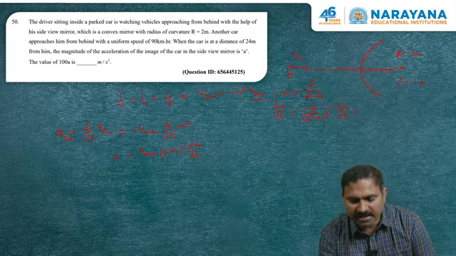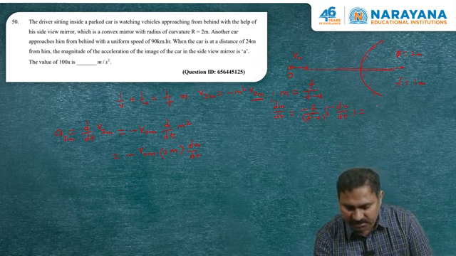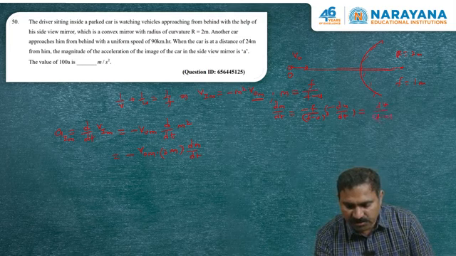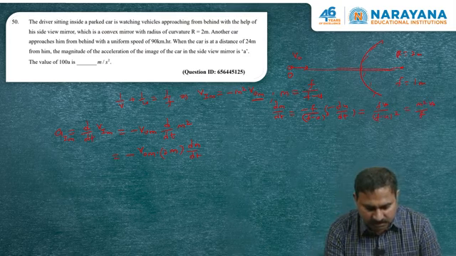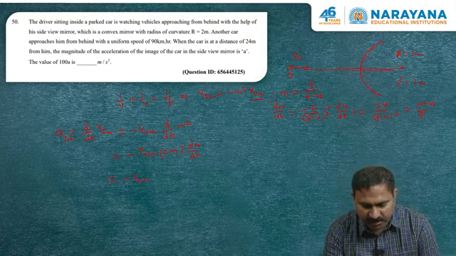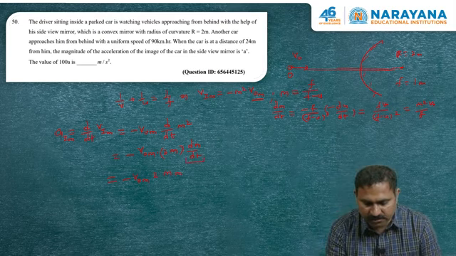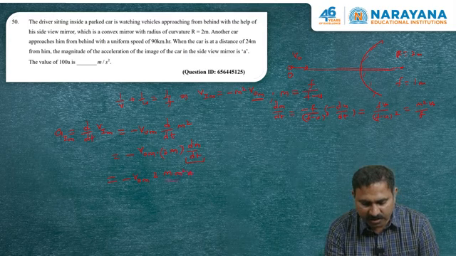Minus du by dt is nothing but velocity of object. So, this is f v naught by f minus u whole square. This can be written as m square v naught by f. So, this is minus of velocity of object with respect to mirror into 2 times magnification into m square v naught by f.